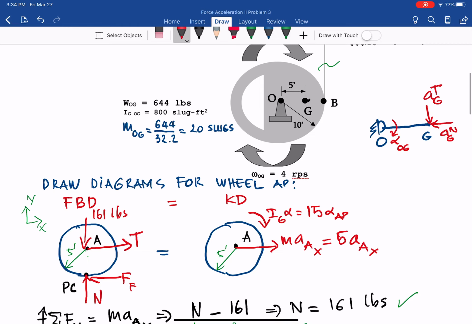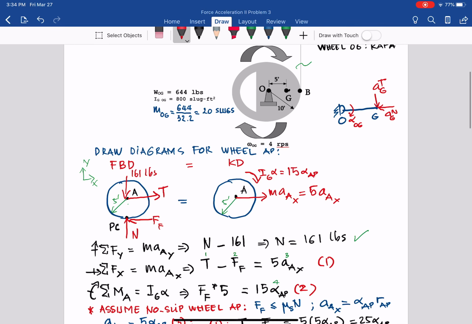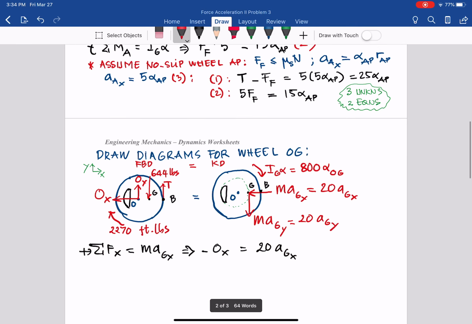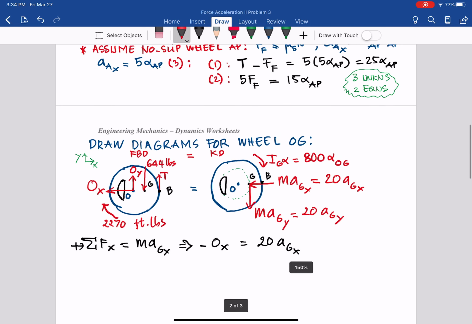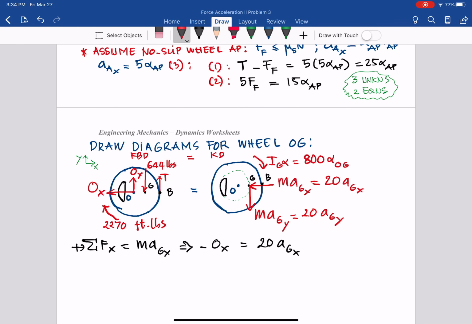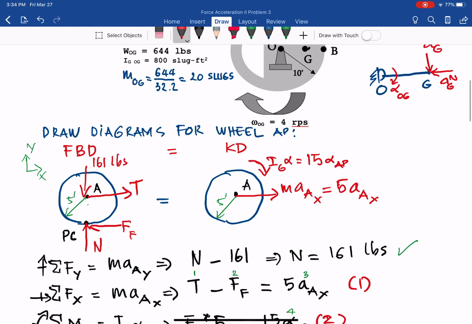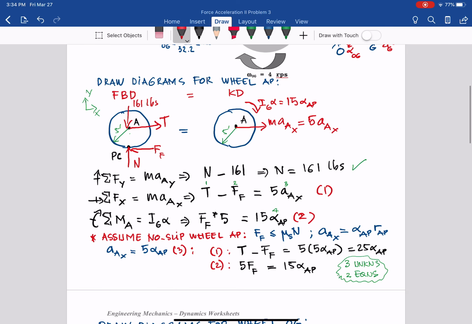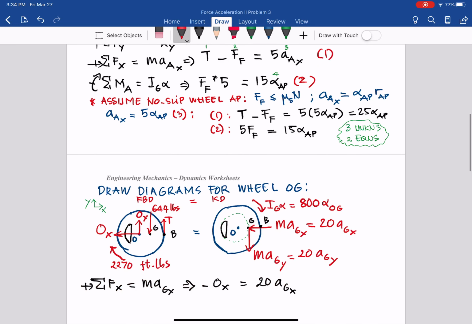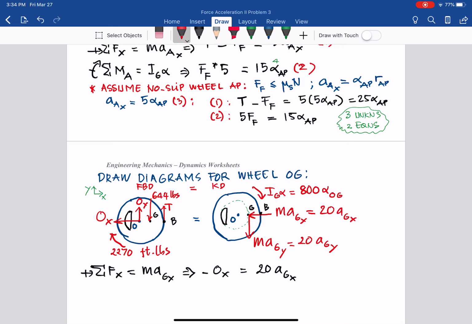And if you look at that compared to here, you can see AGX is actually the normal component, AGN. See that?